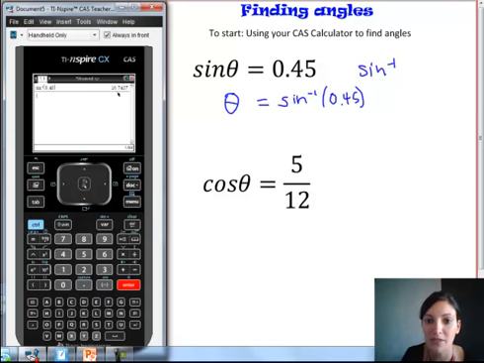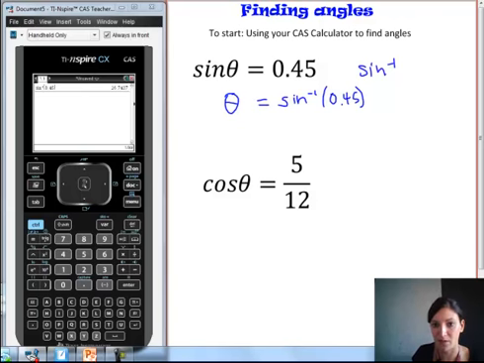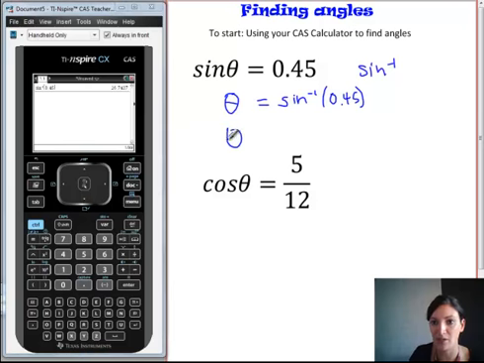So rounded to the nearest degree, that means that theta is 27 degrees. So we would say we've got theta equals 27 degrees.